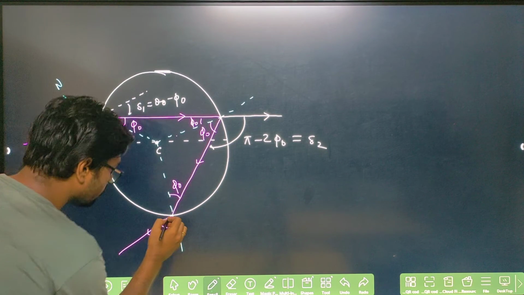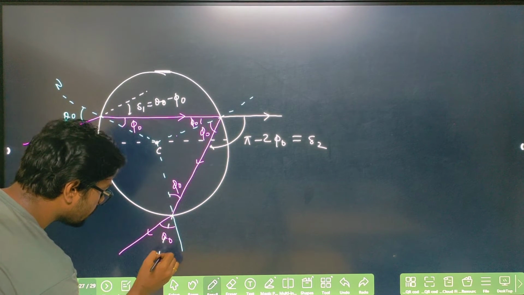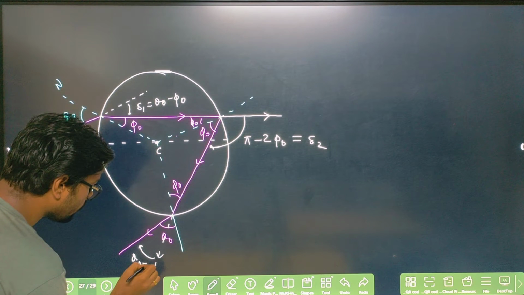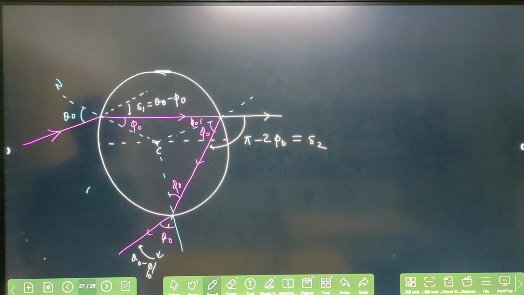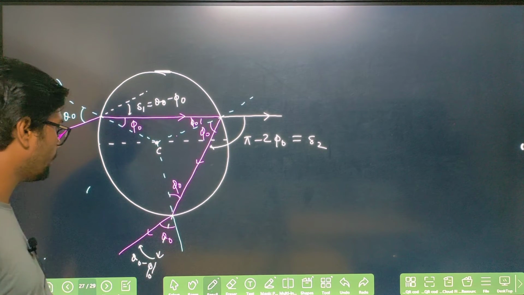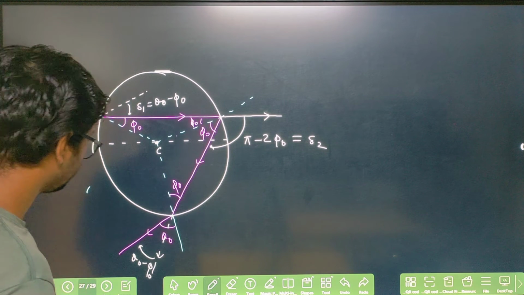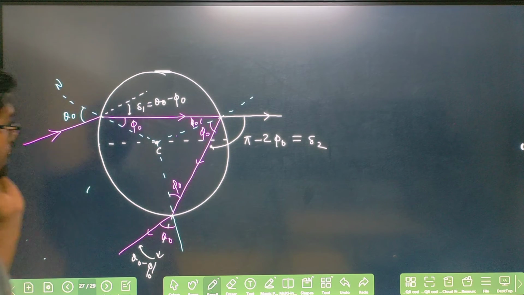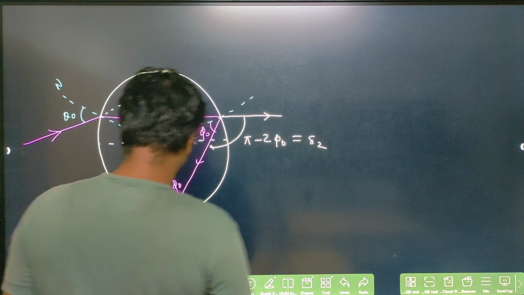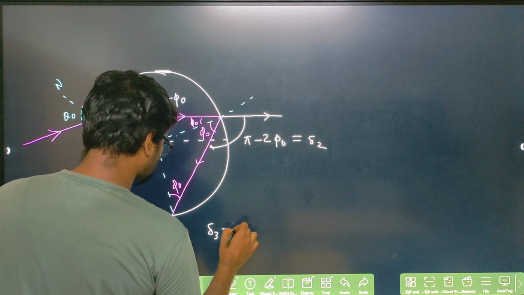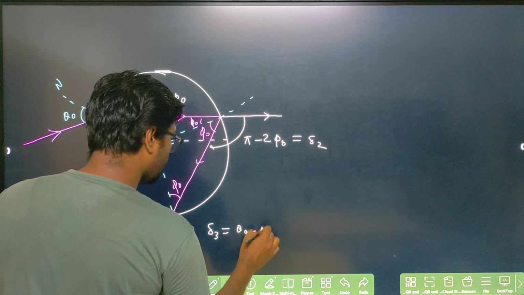And here also if it moves like this, there is a deviation that will be theta naught minus phi naught, right? This will be theta naught full, this will be phi naught, so theta naught minus phi naught will be your deviation, right? So delta 3 I can write here as theta naught minus phi naught.